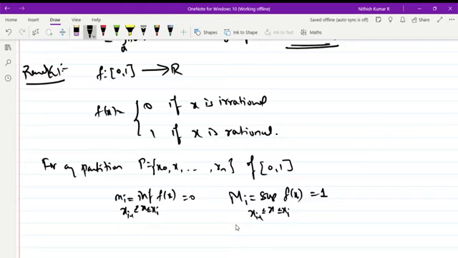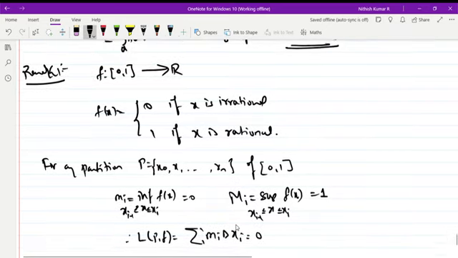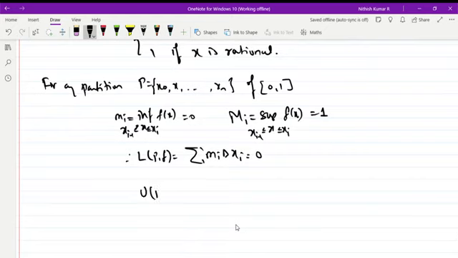So if you calculate LPF, it is the summation of small mi delta xi. Now small mi is 0, so this is 0. Now UPF is the summation from 1 to n of capital Mi delta xi, and capital Mi is 1 for all i between 1 and n.